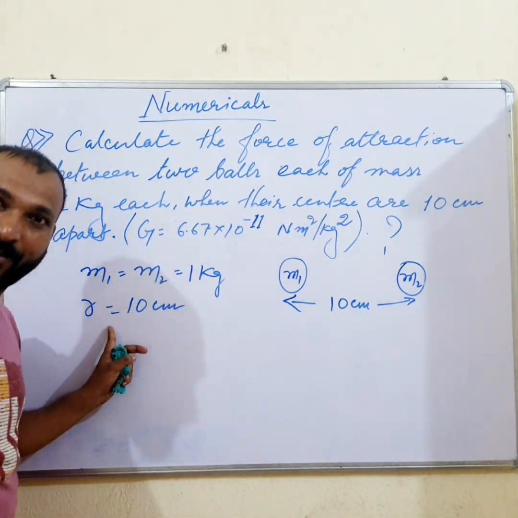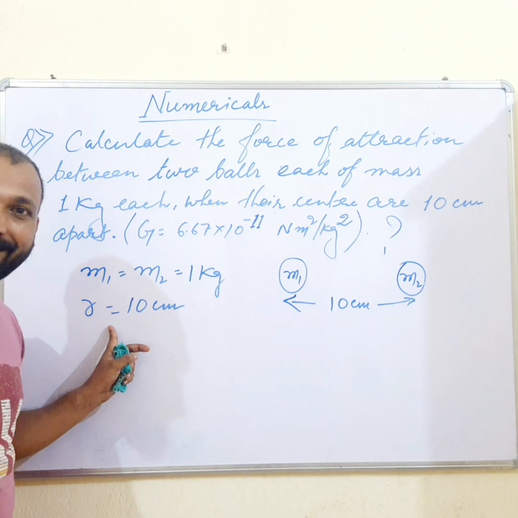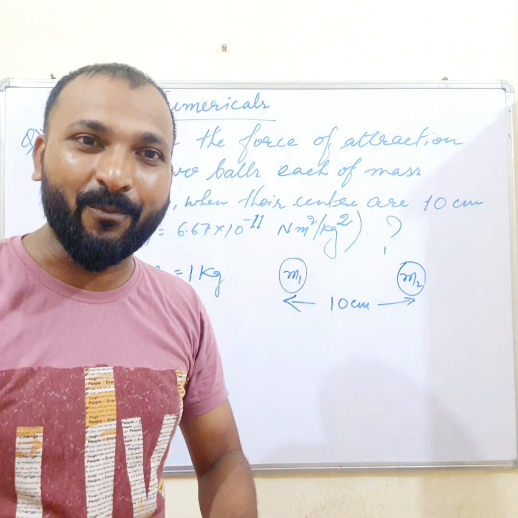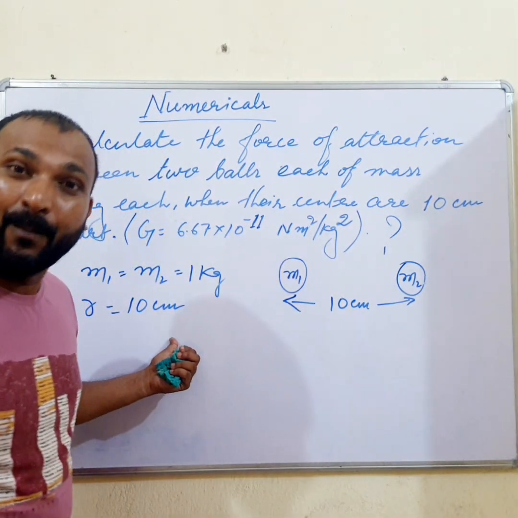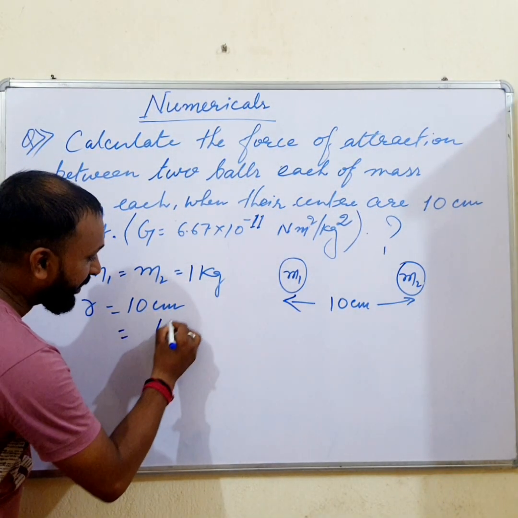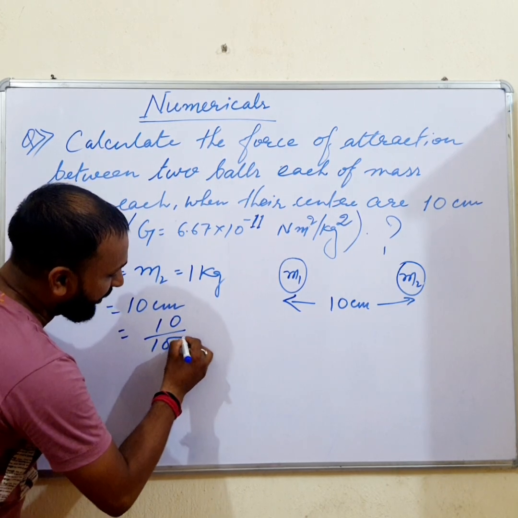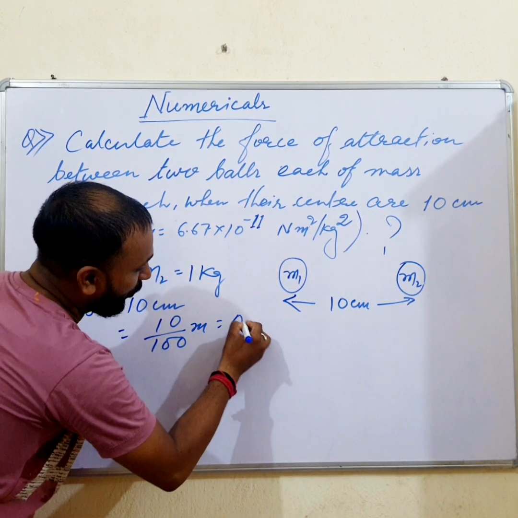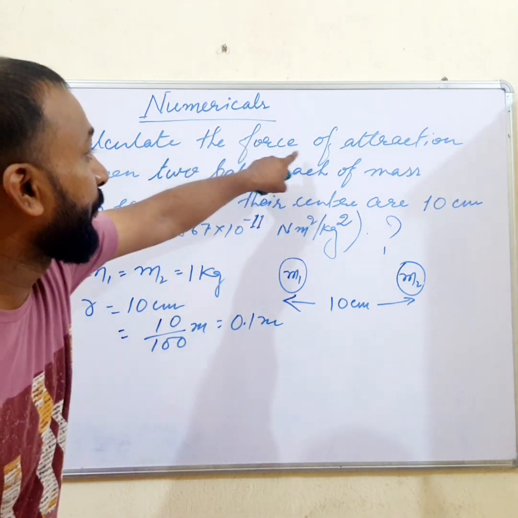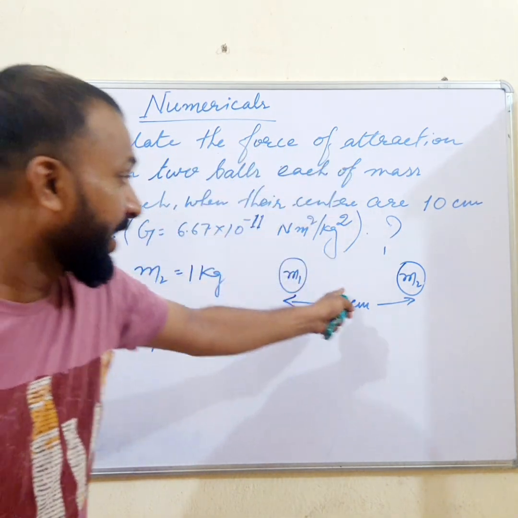Is it in SI unit? No, the SI unit of radius is meter. So first of all we have to convert this centimeter to meter. 10 centimeter will be 10 upon 100 meter, that means 0.1 meter.